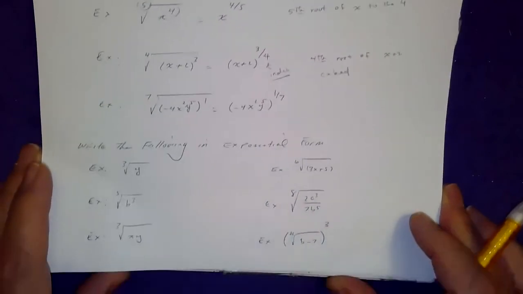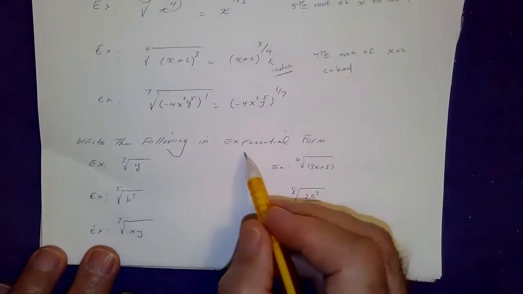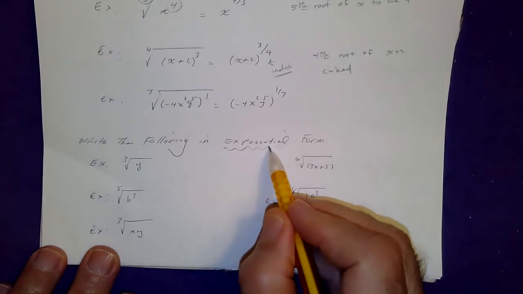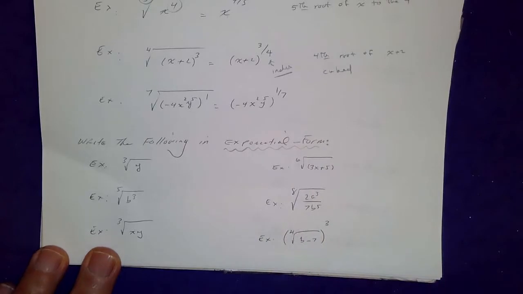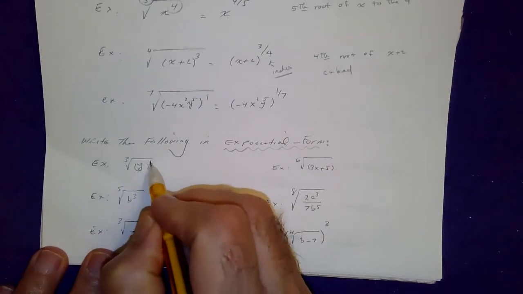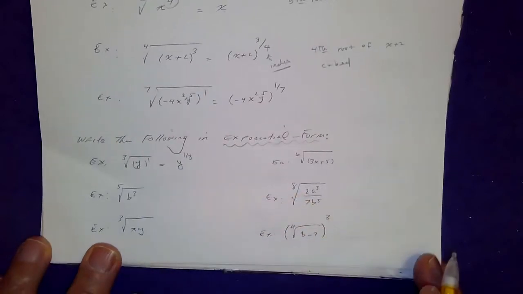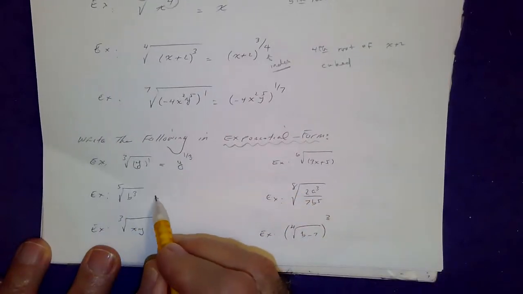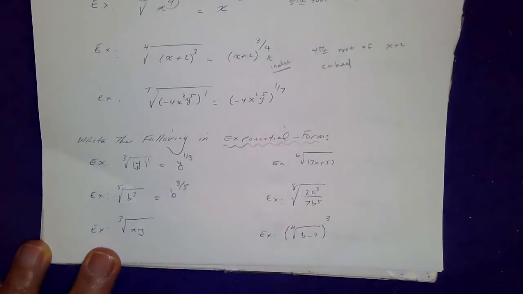So let's do some conversions. Let's say we have the cube root of y. They want you to change the following into exponential form. The power here is 1, so the answer is y to the power of 1/3. The 5th root of b cubed is b to the power of 3/5.